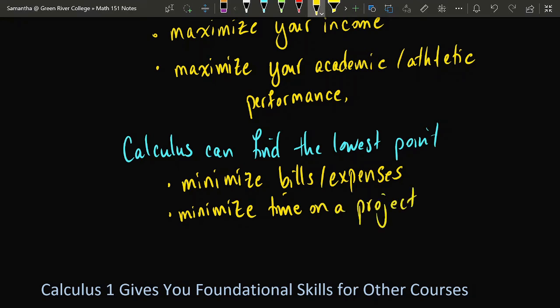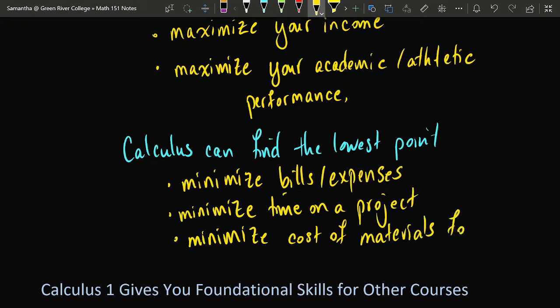Or minimizing the cost of materials for a project. Using calculus, you can do all of these things.